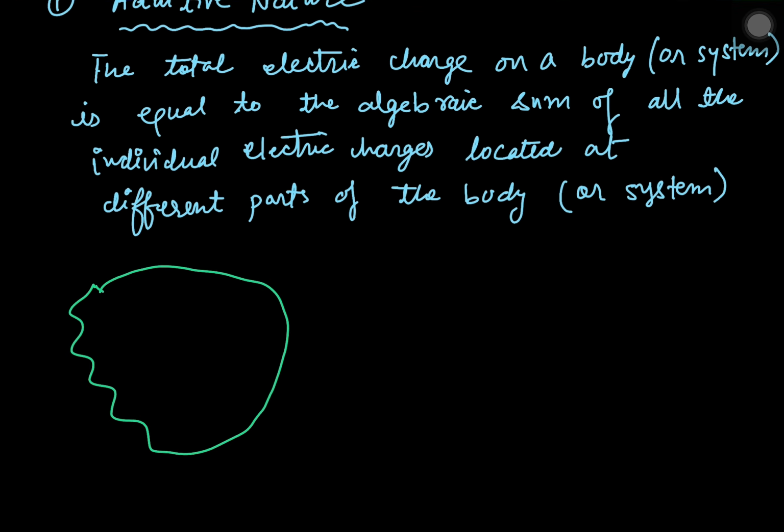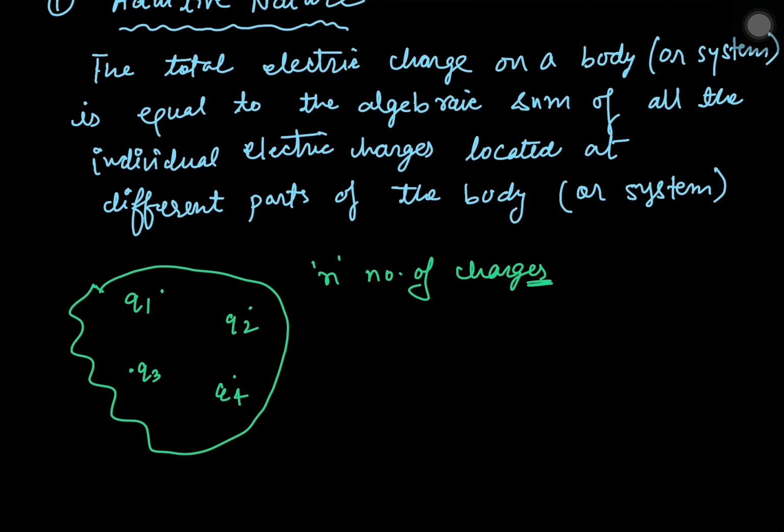Several charges are present. For example, Q1 charge is present here, Q2 charge is present here, Q3 charge is present here, Q4 charge is present here, and let us consider that n number of charges are present on this particular body.